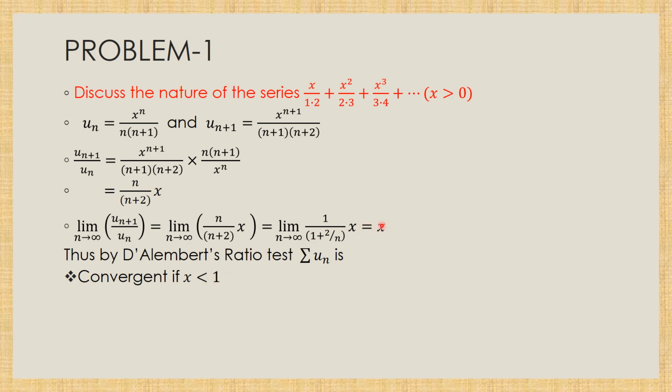As per the definition of D'Alembert's ratio test, it is convergent if the limit is less than 1, that means here x is less than 1, and divergent if the limit is greater than 1, that is x is greater than 1. And this test fails whenever x is equal to 1.